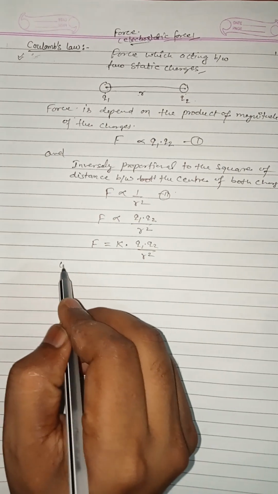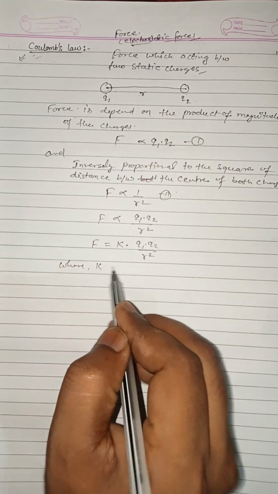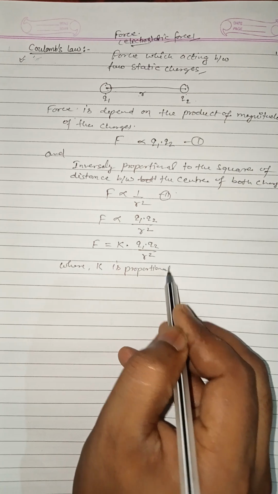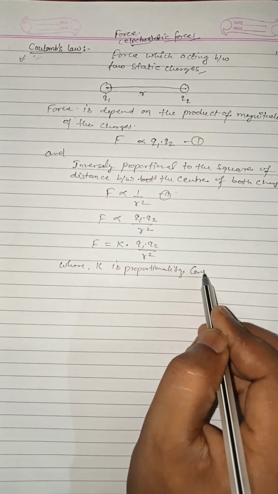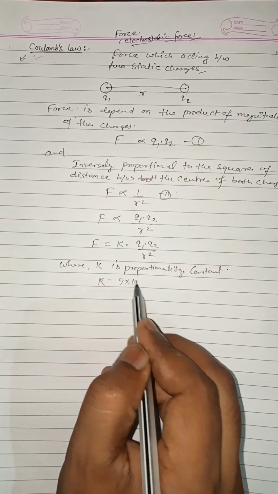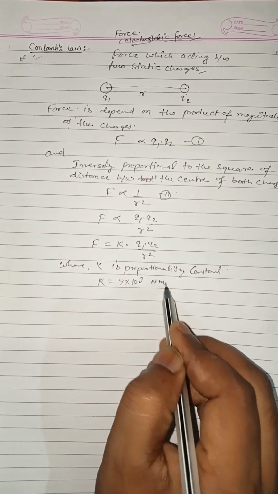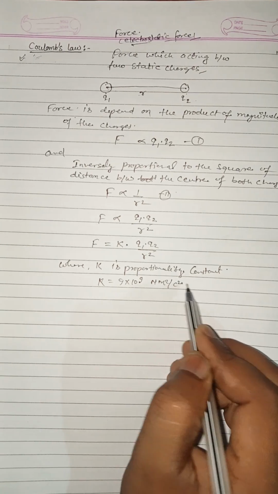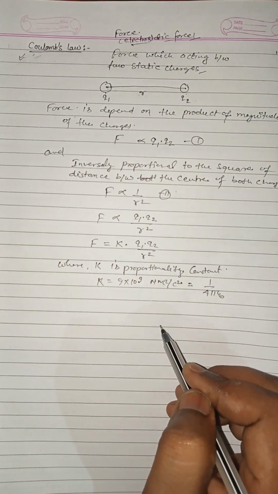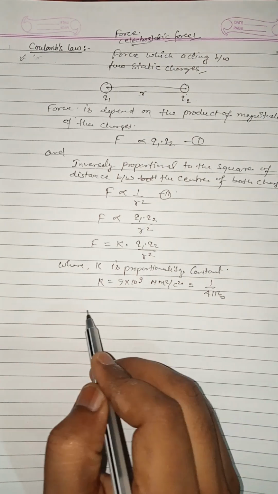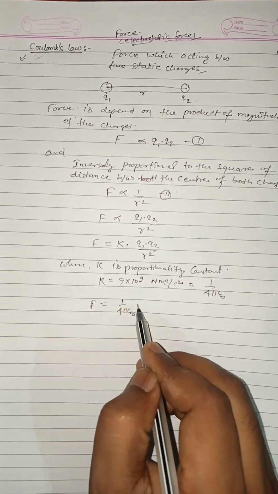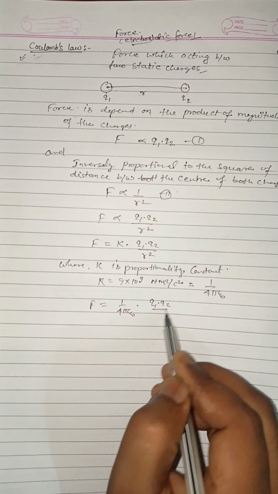Where K is the proportionality constant, and its value is 9 into 10 to the power 9 Newton meter square per Coulomb square, which is also equal to 1 upon 4 pi epsilon naught. So F can also be written as 1 by 4 pi epsilon naught Q1 Q2 upon r square.